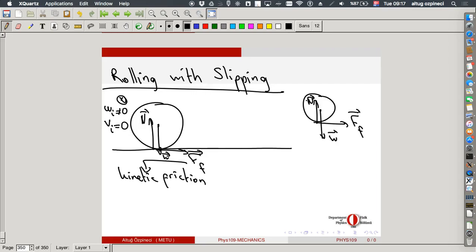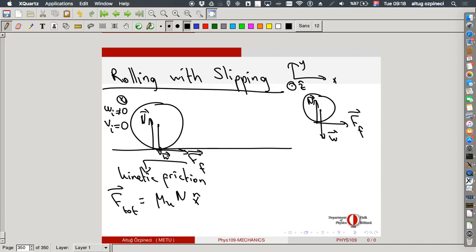What is the acceleration of the center of mass? Or let's write the total force first of all. Let's say this is x, y, and the z-axis is pointing towards you. The total force acting on my system: there is a friction force, which is mu k times N in the x direction.